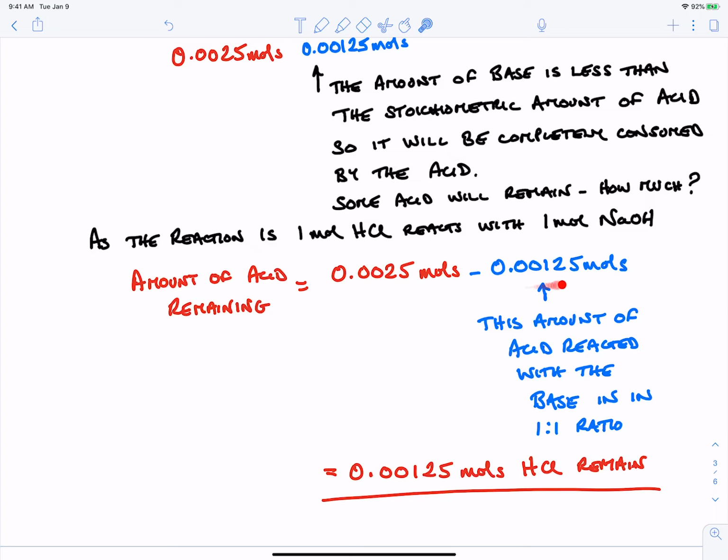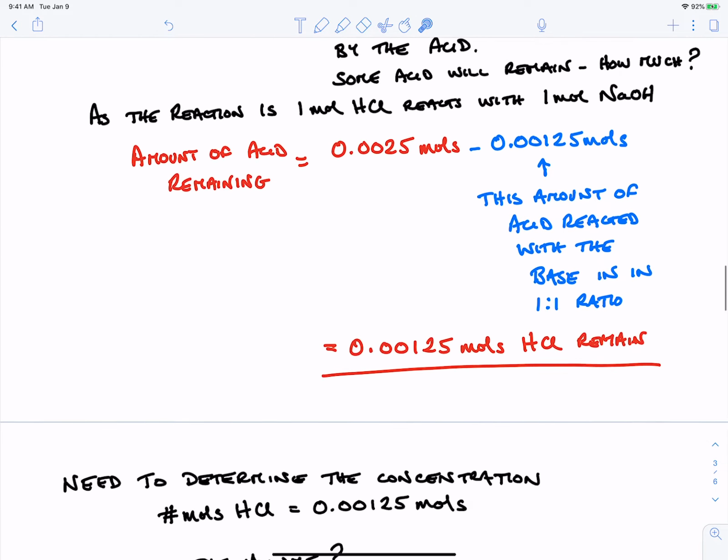And so we can subtract these values, and we realise that at the end we have 0.00125 moles of HCl remaining in the flask, because it reacted with all of the sodium hydroxide.